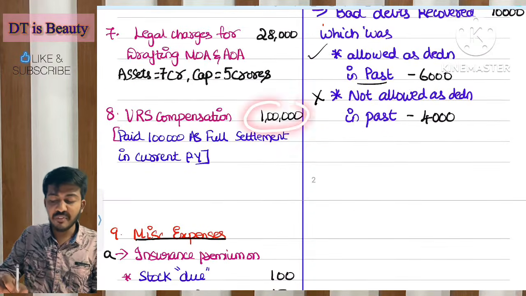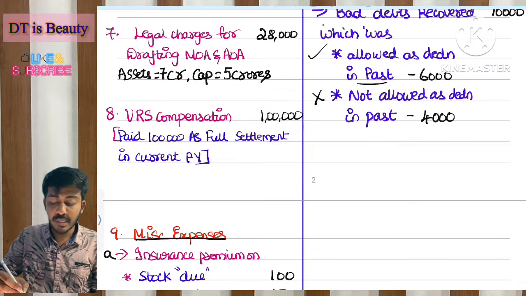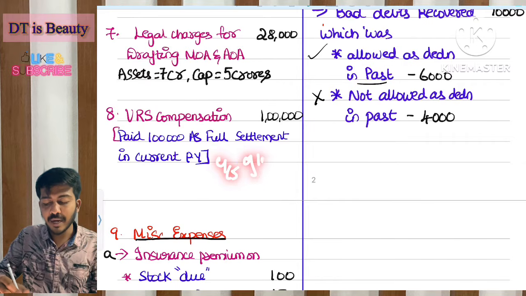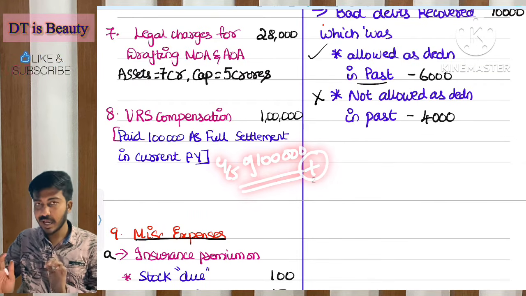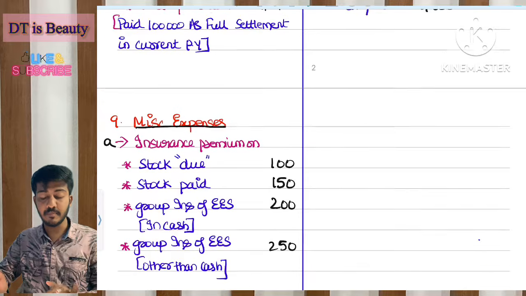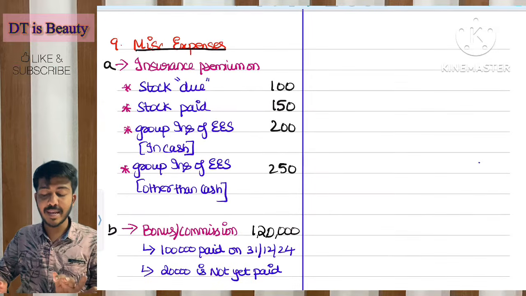VRS compensation, they have taken 5 lakh rupees, which means only 1/5 is allowed in each year, correct? Which means 4 lakh rupees, that is 4/5, should be added back to the net profit, correct? We will be adding back at the bottom. We'll see later.